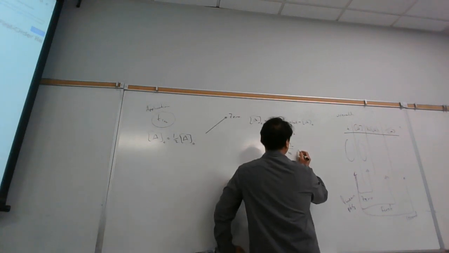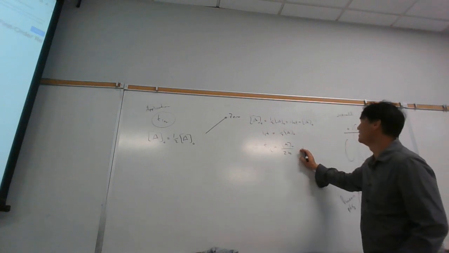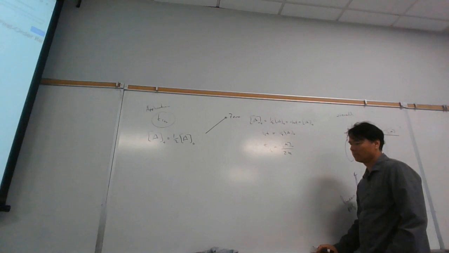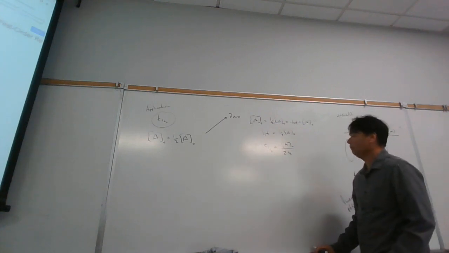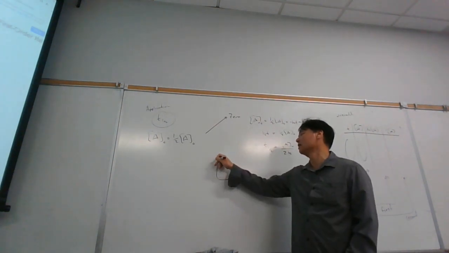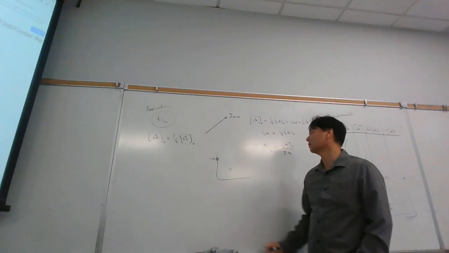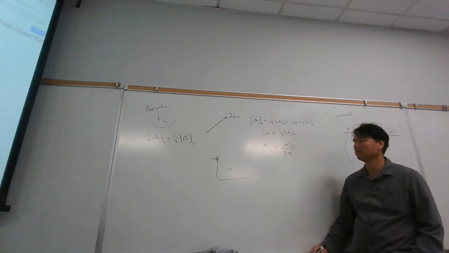Or no, this is not equal to a constant. Sorry, this is A0. It depends on your starting point. So the starting point changes each successive time. Initially I started at, let's say, 100. And then I dropped to 50. So if I start at 100 and drop to 50, that's the first half-life.